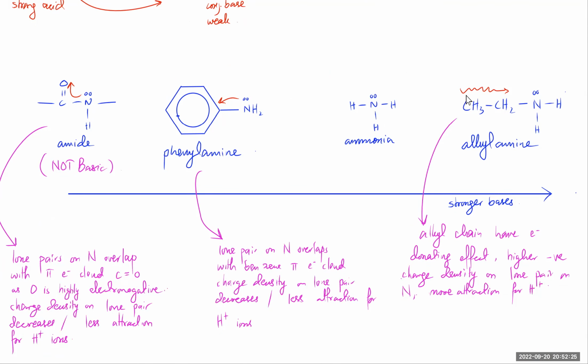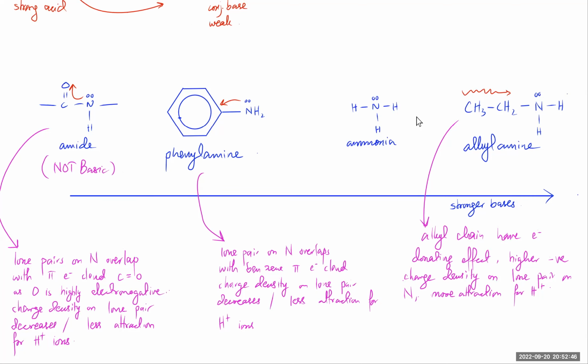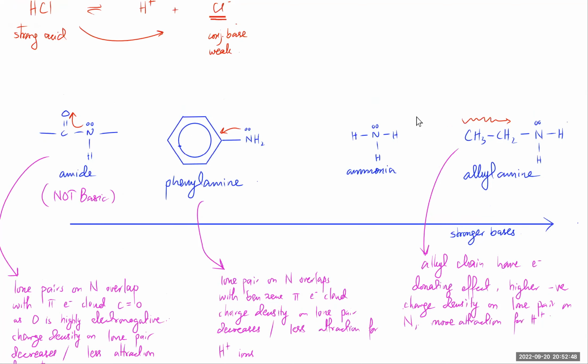When you have a carbon chain attached to it, the carbon chain has an electron donating effect. If it has an electron donating effect, you get more electrons on this lone pair. If you've got more electrons, there's going to be a stronger attraction for H+. Is that clear that this one is going to be a stronger base? Is this clear? Asira, Amina, is this clear? Yes, sir.